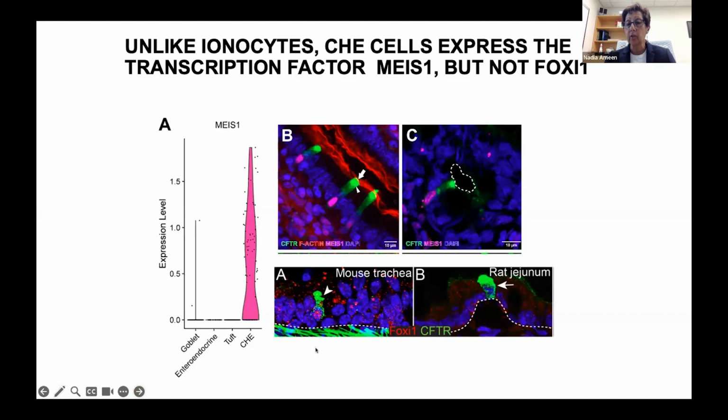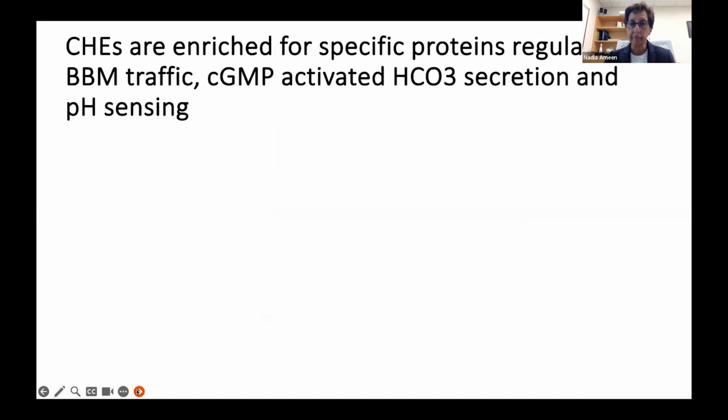We labeled for CFTR and FOXI1, and we can identify FOXI1 in ionocytes in mouse trachea, but we could not identify any cheese cells with FOXI1 in the jejunum, or in fact in any part of the intestine. So FOXI1 is not in the intestine, and it does not localize to cheese cells, whereas FOXI1 is important for ionocytes in the lung.